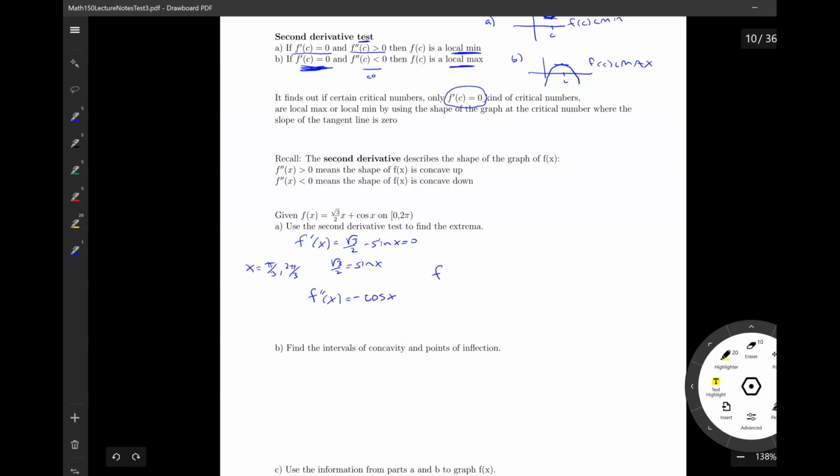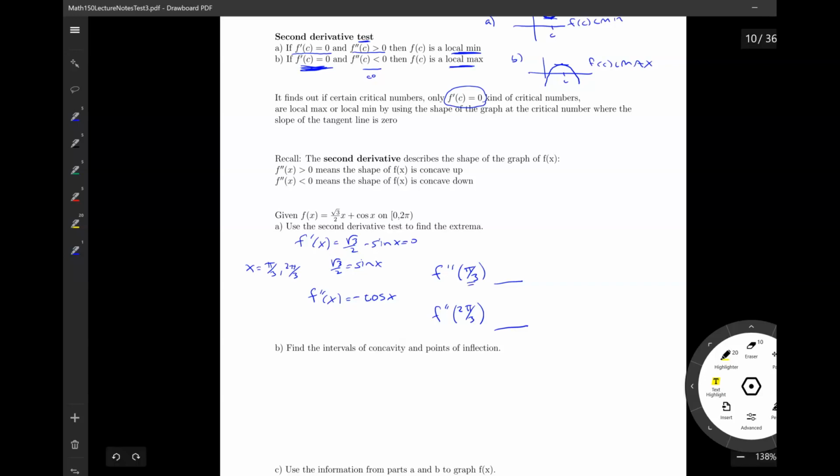I can either do it by the graph or I can evaluate it. So I take pi over 3 and I substitute it into the second derivative. And I take 2 pi over 3 and I substitute it into the second derivative. So I'm looking to see if this is positive or negative. I don't need to know what the number is.